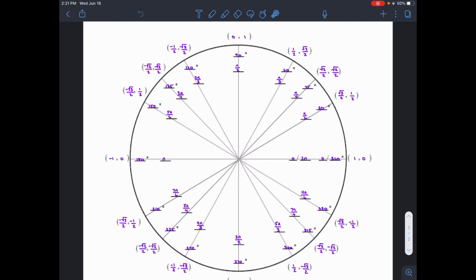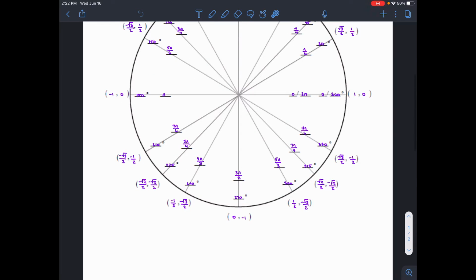Between 0 and 90 it's 45, so I know the midway is 45, and then these three lines would be plus or minus 15, so 30 and 60. I did that first quarter, and then I'll do the same thing for all these. Between 90 and 180 is 135, plus or minus 15, 120 and 150.